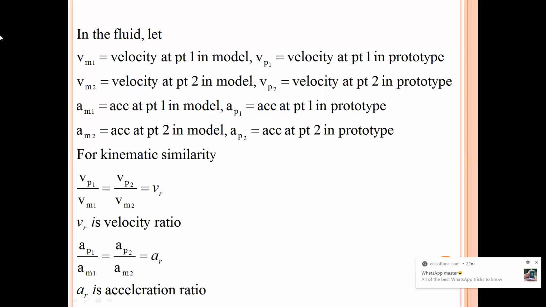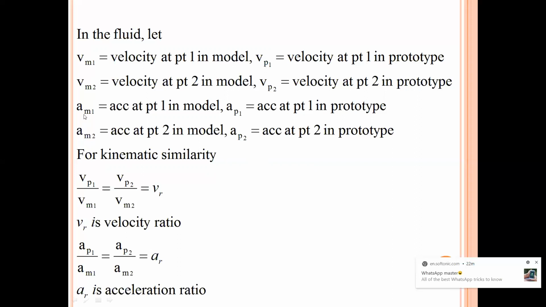Now here, in the fluid, let Vm1 be the velocity at point 1 in the model, Vp1 the velocity at point 1 in the prototype. Only the scales are different; the point will be the same, as I mentioned, the start of expansion. Vm2 is the velocity at point 2 in the model, Vp2 the velocity of the prototype at point 2.